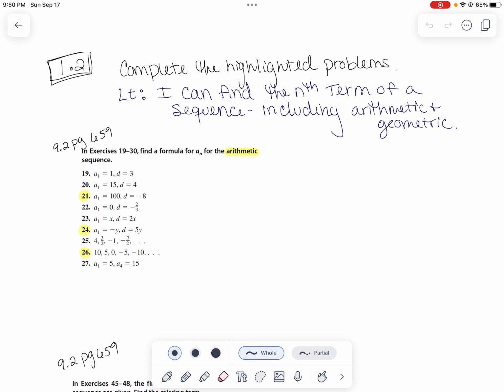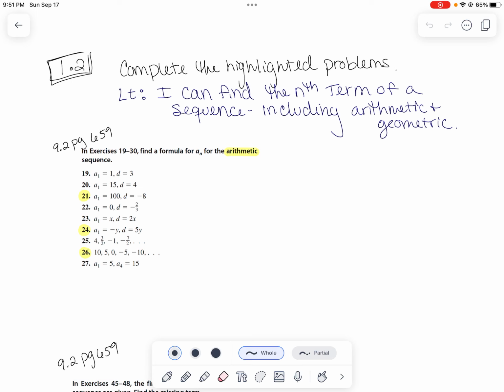In the 1.2 exit slip quiz, those are the things I would like you guys to try for Wednesday's class, okay?